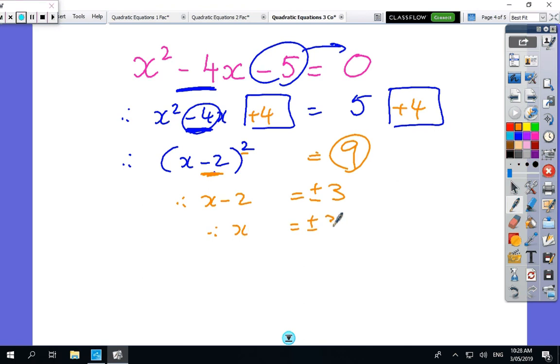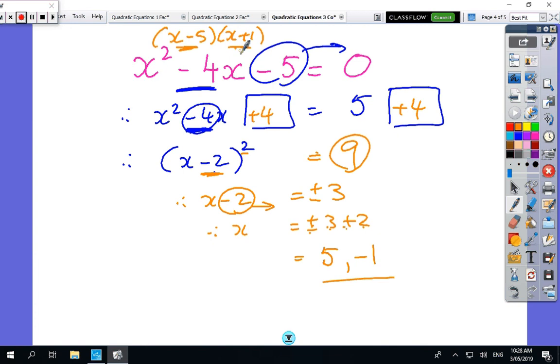So it's plus or minus 3, and then minus 2 becomes plus 2. 3 plus 2 is 5. Minus 3 plus 2 is minus 1. And there's your answers, which you could have got by factorizing (x minus 5)(x plus 1), so you would have got plus 5 and negative 1. But this is completing the square.